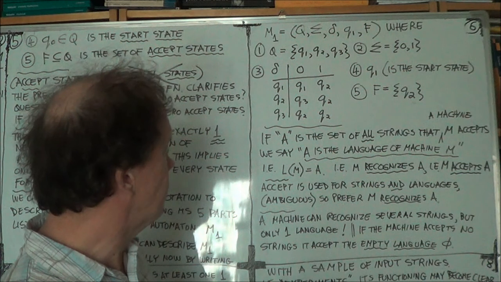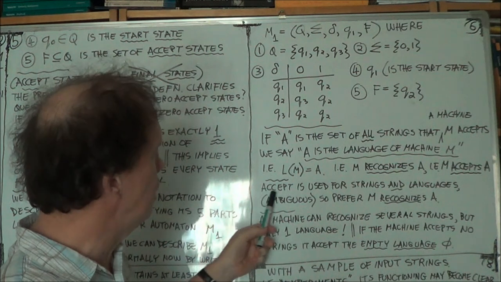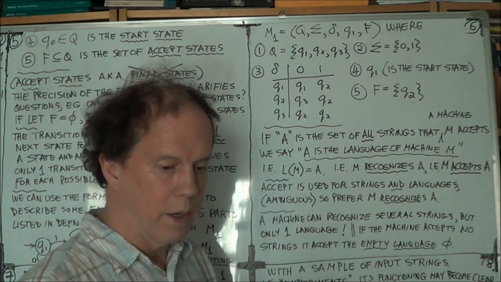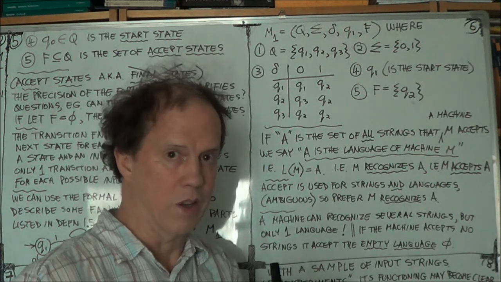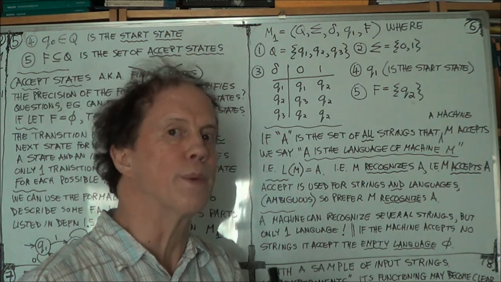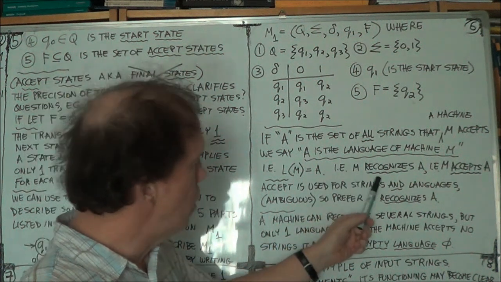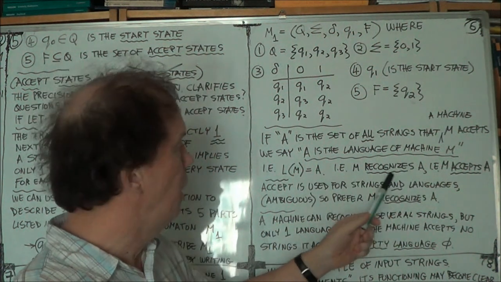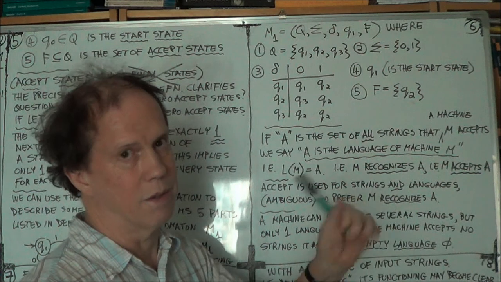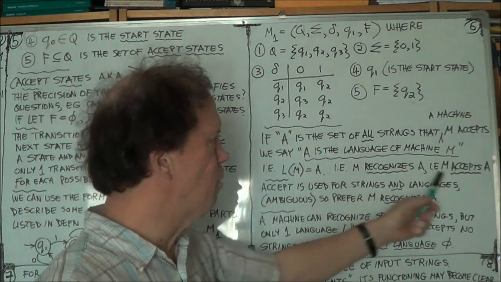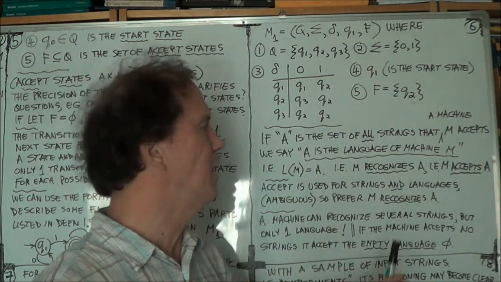Now, instead of saying that the machine accepts the language, that creates ambiguities, because we've been using this word accept for what the automaton does to a string, a sequence of symbols. So let's use a different word. Let's say the machine recognizes the language, and the machine accepts an input string. Otherwise, if we use the word accept for both uses, it's just going to create ambiguity and confusion.